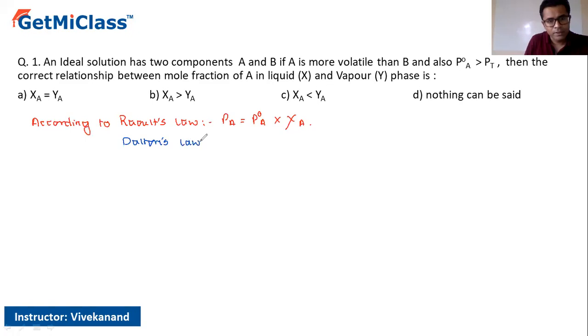the partial pressure of A is equal to the product of total pressure into the mole fraction of the component in the gaseous phase. So let's take it as YA. For a moment, let's say that this is our equation 1 and this is equation 2.